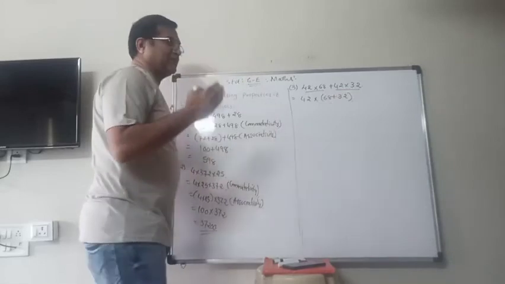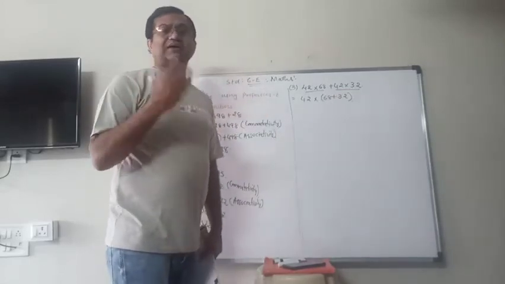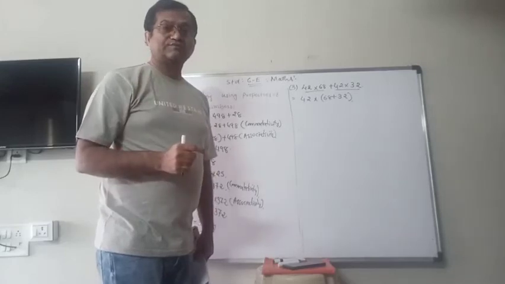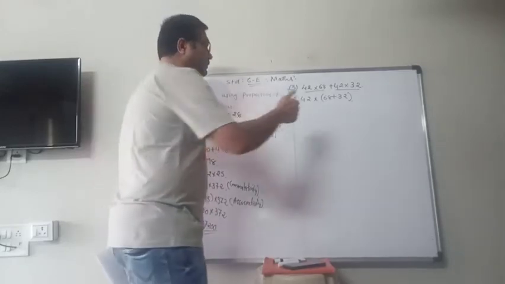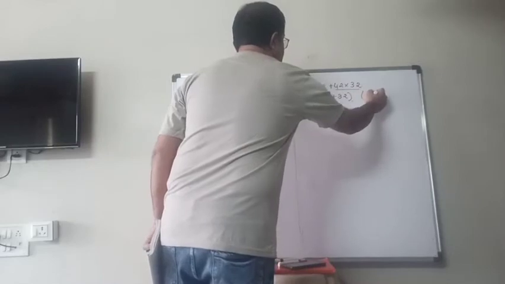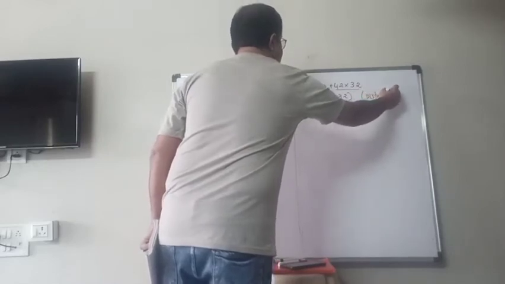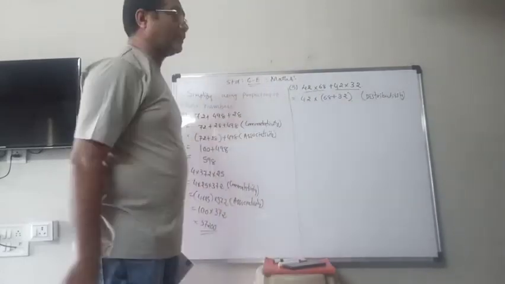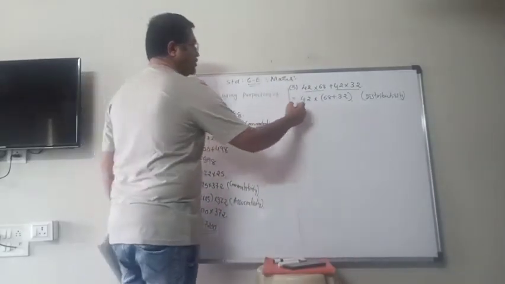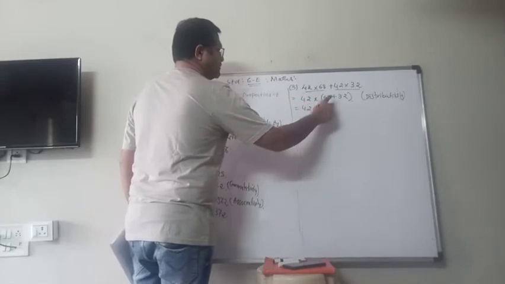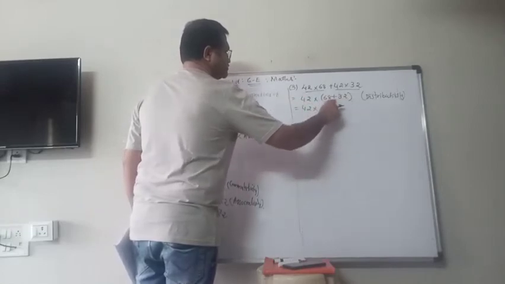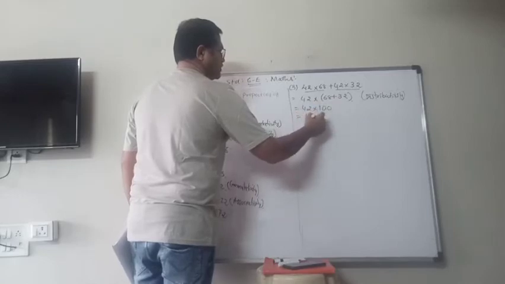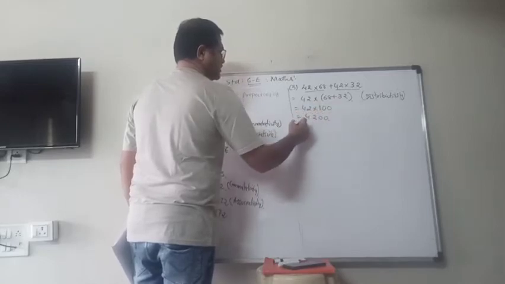So whenever there is plus and multiplication or minus and multiplication sign, what do we use? We use distributive property. Distributivity or distributive property. So now 42 multiplied by 68 plus 32 is 100. So 4200 is the answer.